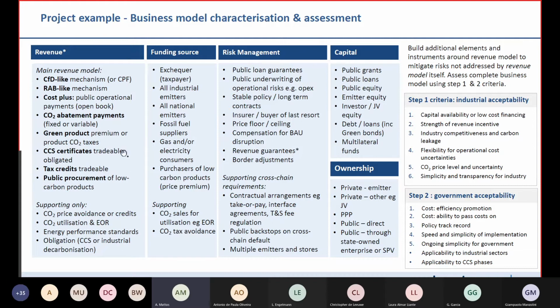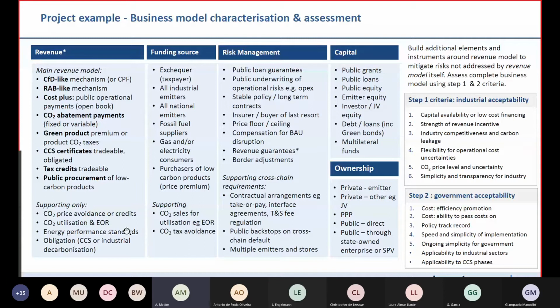For example, in the revenue model, there could be a main revenue model, such as a contract for difference type mechanism, which creates an overarching incentive, but you may also have a supporting mechanism as well. I'll explain a bit more about that later. The funding source is closely linked. So really, where does the money come from?